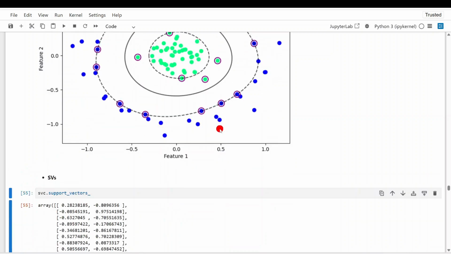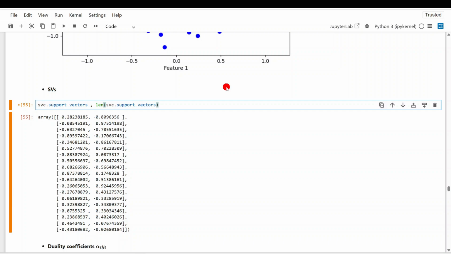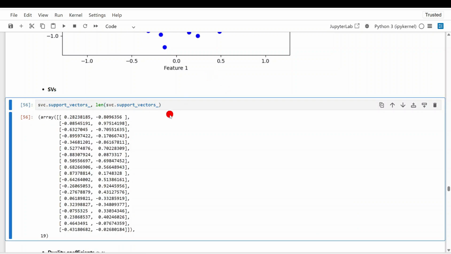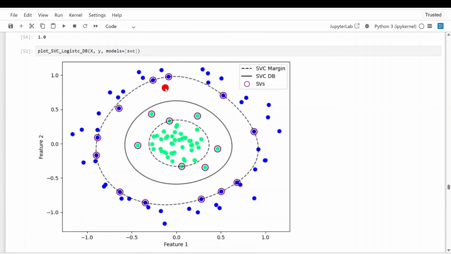I count 19 support vectors. But instead let me count the length of svc.support_vectors_. How much is the length? You see, it's 19. We have 19 support vectors that determine this support vector classifier decision boundary.